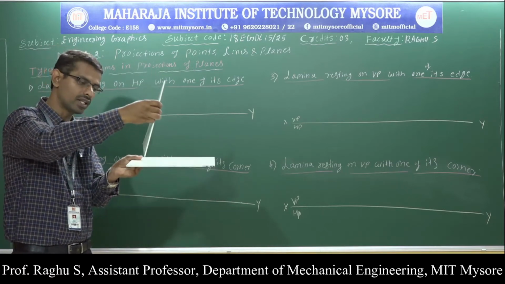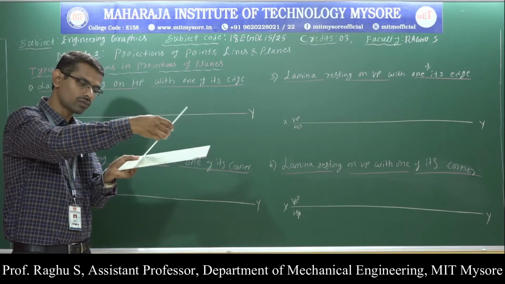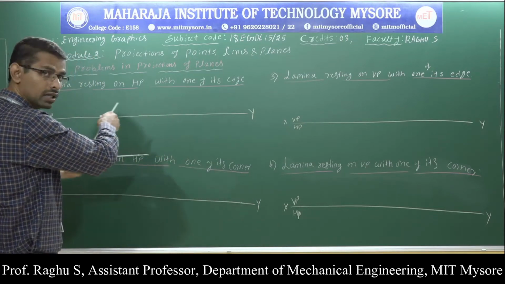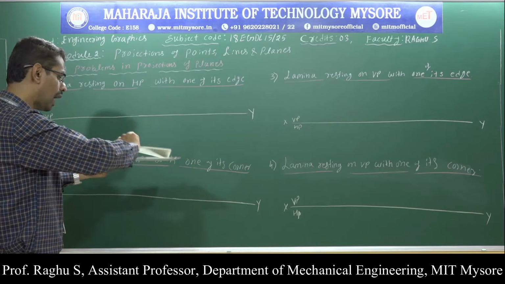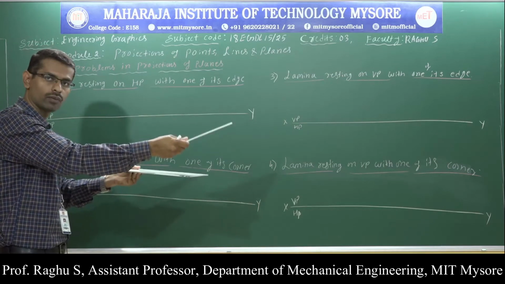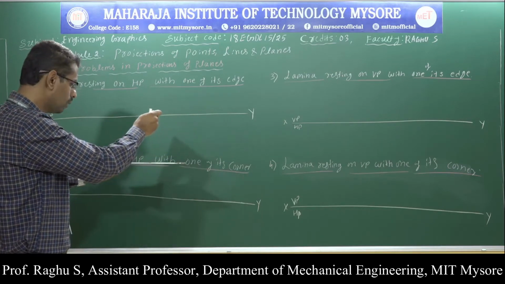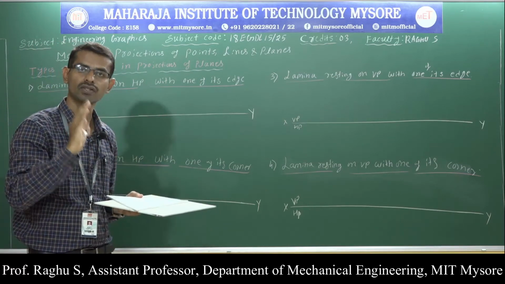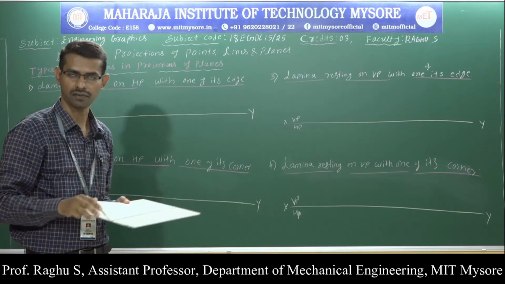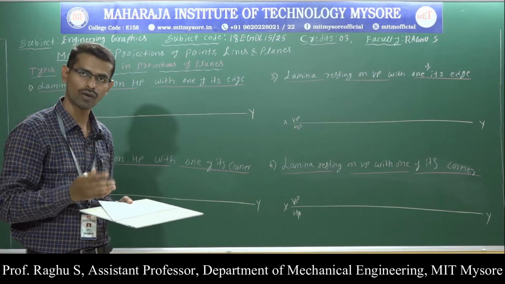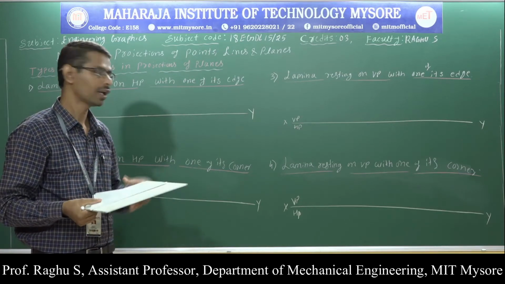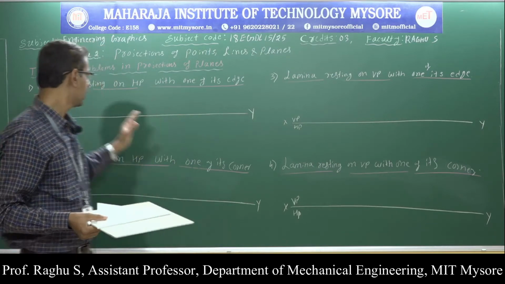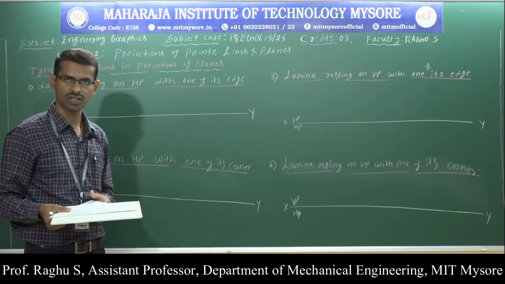Here the lamina is resting on HP with one of its side, and the resting side comes towards the left side. If the lamina is resting on HP with one of its corner, the resting corner should come towards the left side. So in projections of planes, the resting side is the left side, just for our convenience.